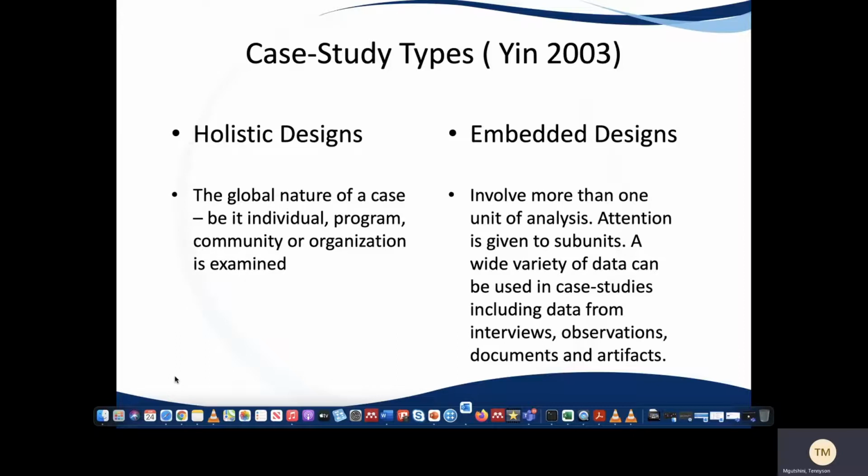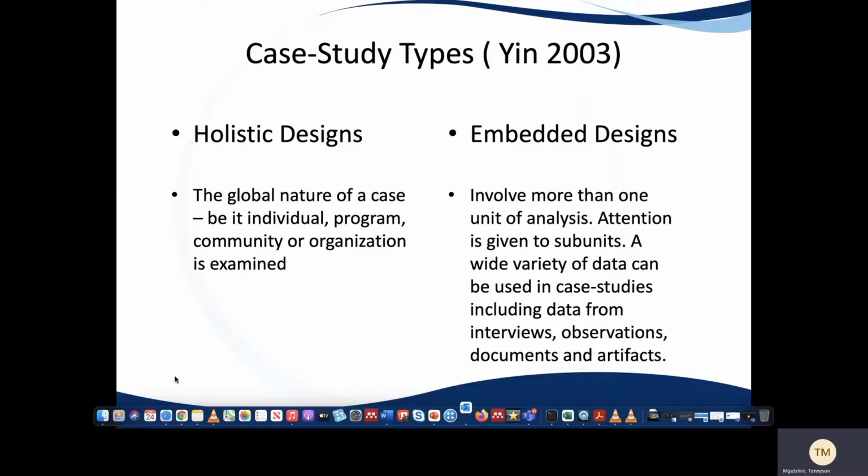And if you study those human beings as individuals, they too become cases. So you have case units at the level of the hospitals being treated as cases, but you have people inside the hospitals who are also being seen as cases. So there are cases that are embedded in other cases.